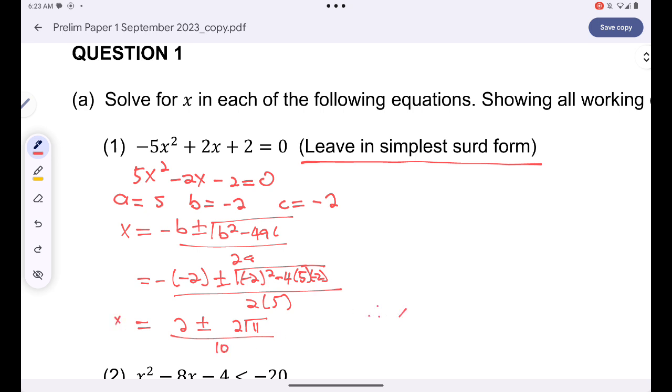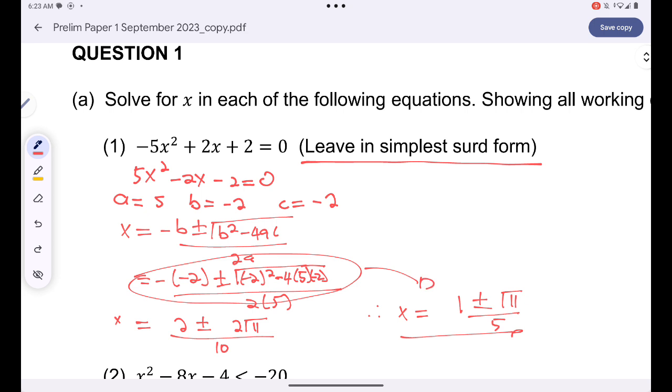Therefore, our answer is just 1 plus or minus the square root of 11 all over 5. If you just punch your calculator right away, it will take you straight to that. Okay, so now my answer is in simplified surd form.